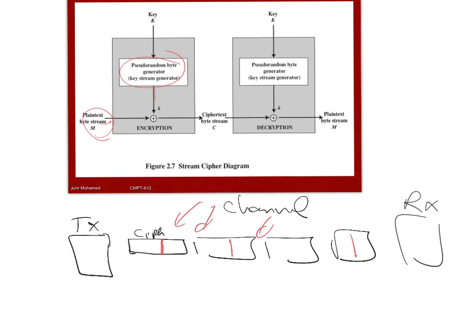The idea here is that block ciphers, although they provide robust and strong security, are very intolerant to channel manipulation.